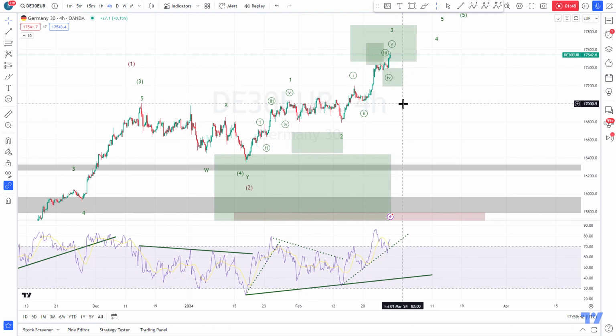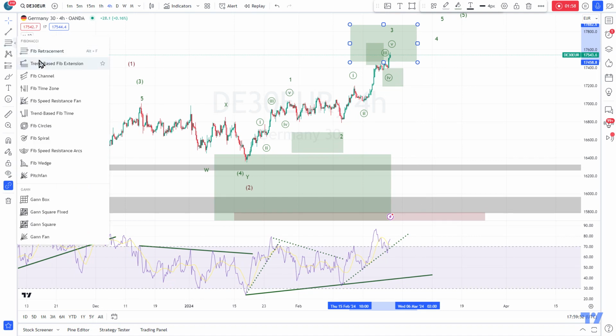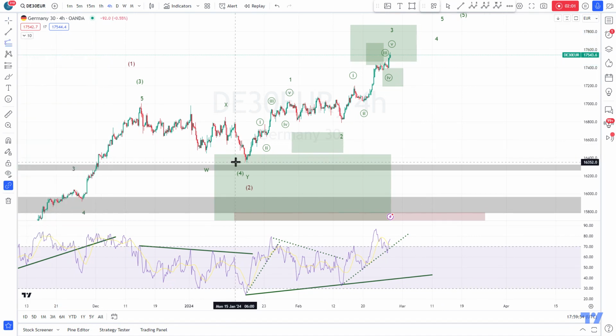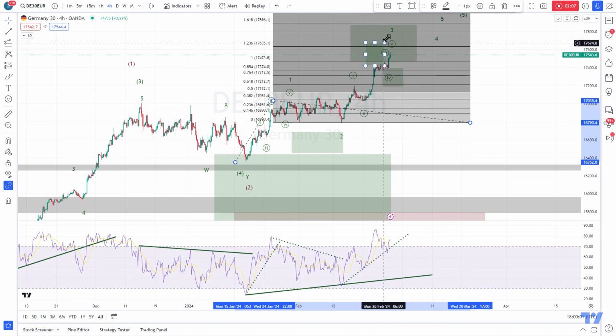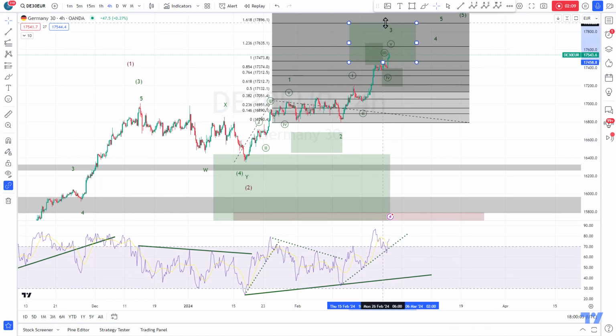So if we then have a closer look, first of all, we reached an area of interest here, or wave 3 area. If we take the length of our wave 1, the length of our wave 2, then we know that our third wave here should end between the 1 and the 1.618 FIB extension.